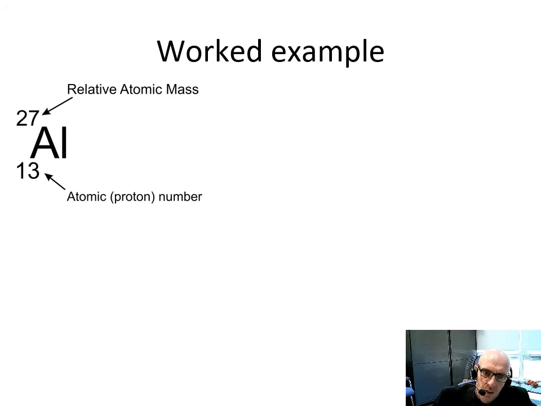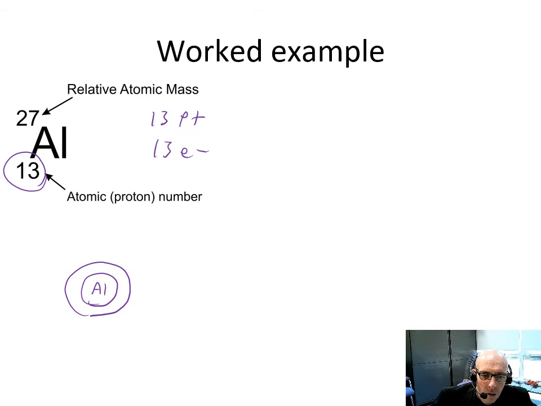Let's start right from the start. Ooh, aluminium has 13 protons that are positive, 13 electrons that are negative. What do I do next? Oh, I go Al, 1 there, 2, that's 2 electrons in the first shell, and then I go 1, 2, 3, 4, 5, 6, 7, 8 in the next shell.